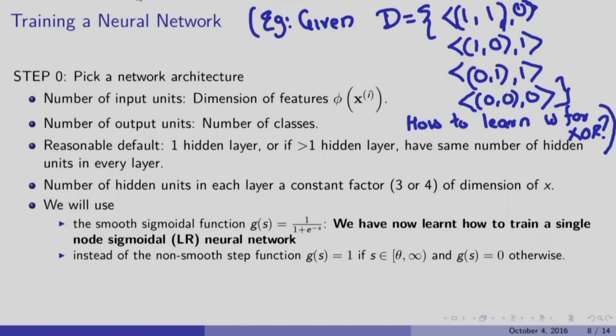Now the key step here is picking a network architecture. What should be the number of perceptrons? What should be the number of hidden layers? Number of layers, number of perceptrons in each layer.